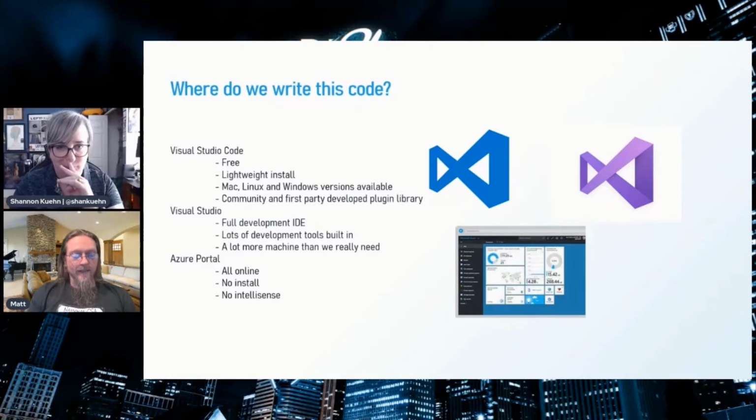Yeah, and don't let the talk about syntax and missing a comma or a bracket scare you. We have a new, I guess I'll call it a language, that sits on top of ARM, called Bicep, and it does make the syntax a lot easier.